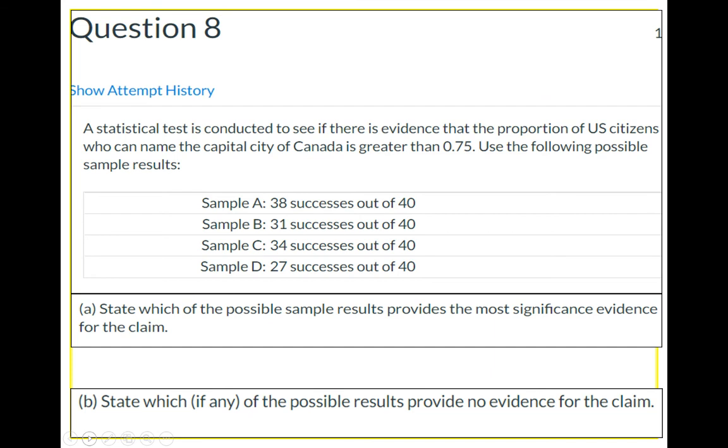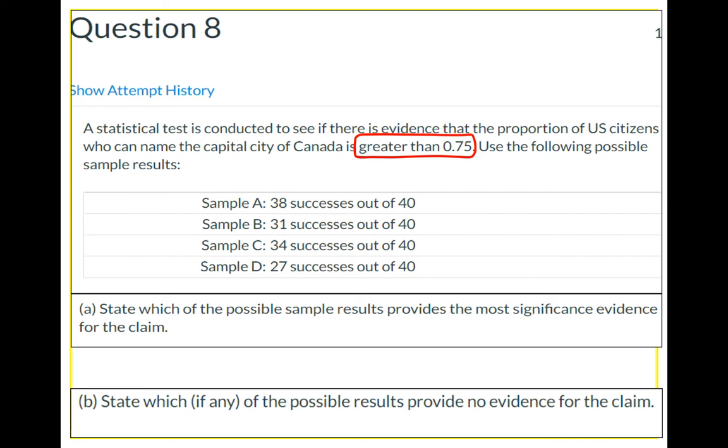It says a statistical test is conducted to see if there is evidence that the proportion of U.S. citizens who can name the capital city of Canada is greater than 75%. This is what we are seeking evidence for. Use the following possible results.